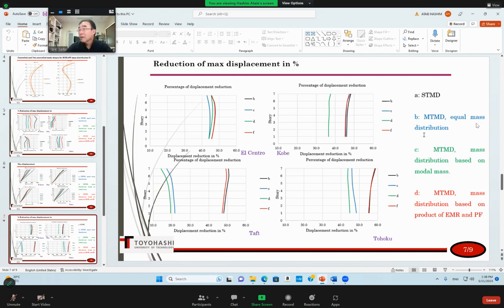Okay. Because these two methods were done by some researchers already, and this is somehow a new method, and the logic is because the effective mass ratio and participation factor of each mode shape is very important and can influence or affect the total mass, the total response of the structure.